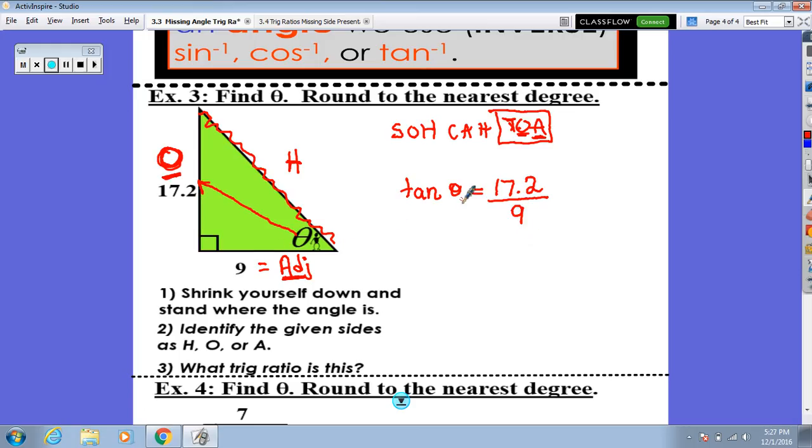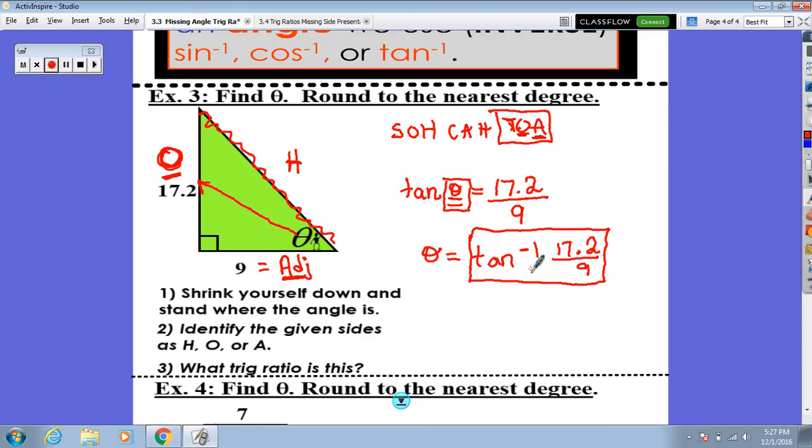Alright, so to get theta by itself, just like we were solving an equation, remember we have to do the inverse or the opposite of tangent. So that's going to leave me with theta equals the tangent inverse of 17.2 divided by 9. And we are going to put this in the calculator to get our answer.